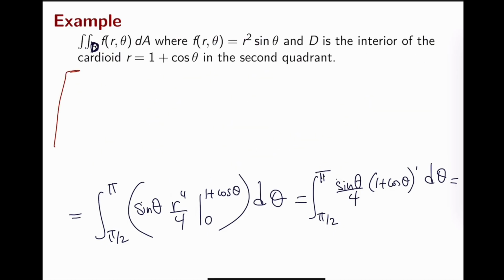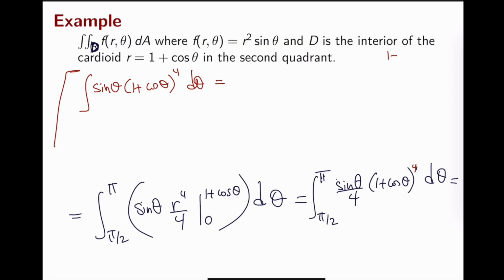Let's separately calculate the primitive of just sine theta times 1 plus cosine theta to the 4th power. So let's calculate just the primitive of this. Observe, I'm not putting any limits of integration, and just calculating the primitive, because I need to do a change of variable, right?